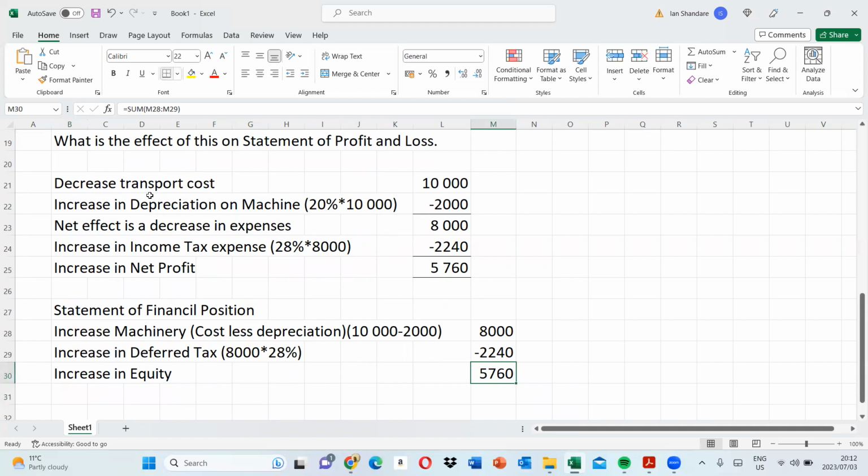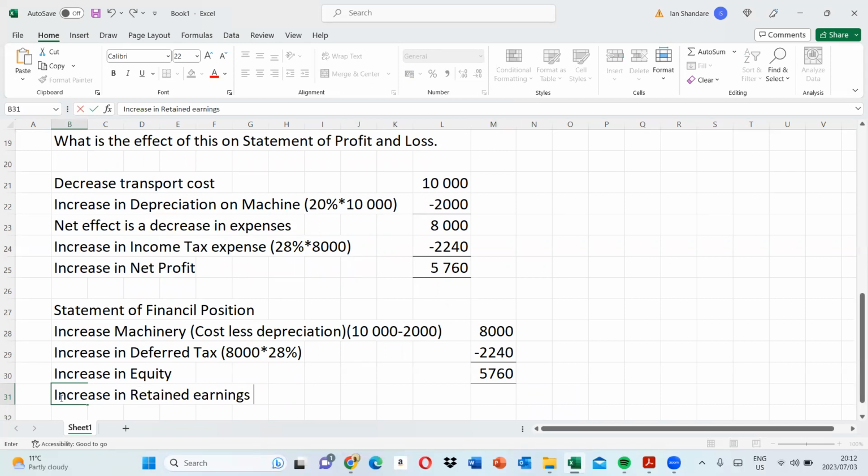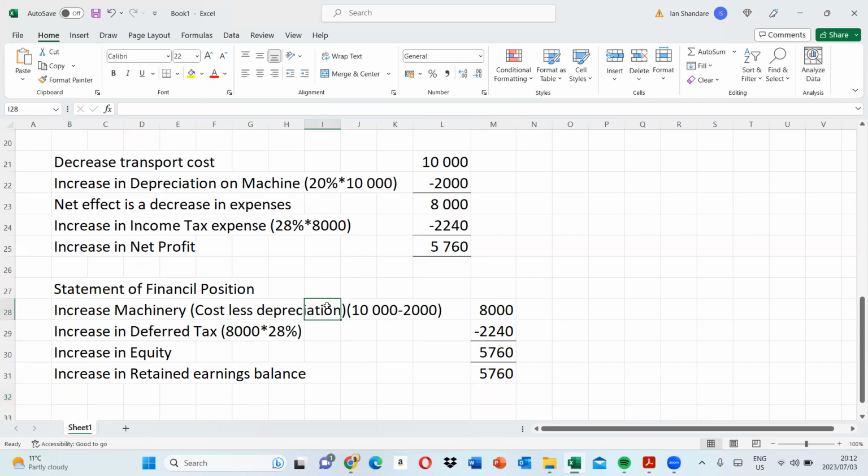Then what happens next? You have an increase in the retained earnings balance, which means you have to adjust your opening balance of retained earnings. With how much? 5,760. So you are saying you have increased your equity by 5,760.